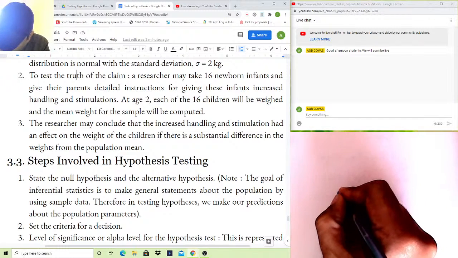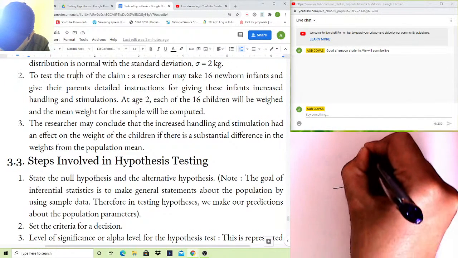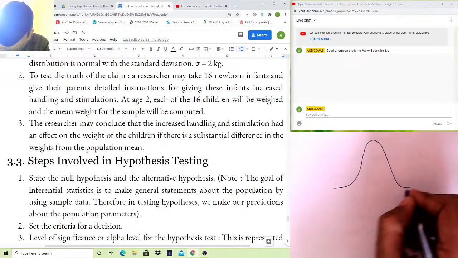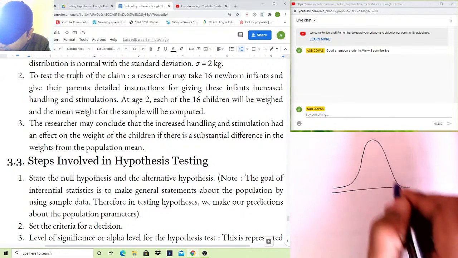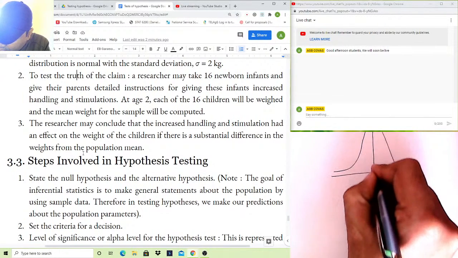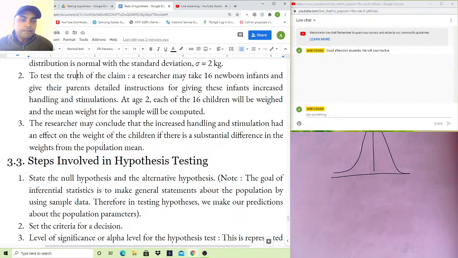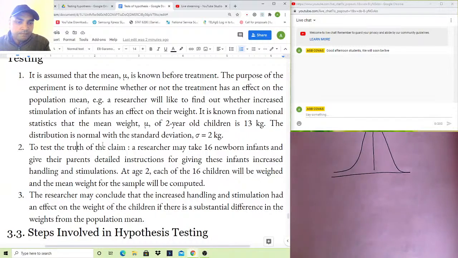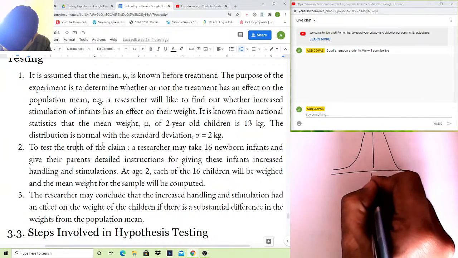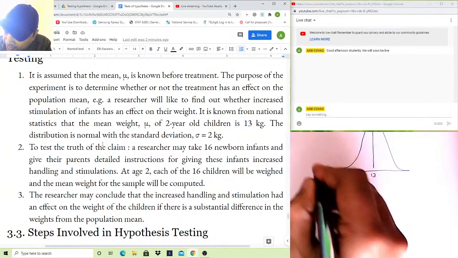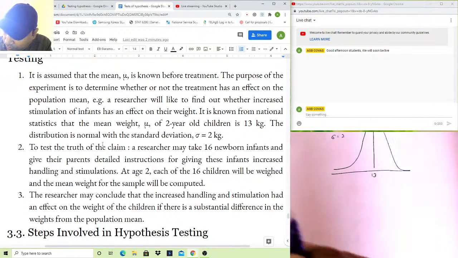Say, for example, we have a population with a mean of 13 kg, as they have given, and a standard deviation equal to 2 kg.